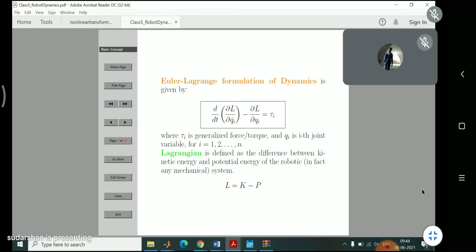Tau i is the generalized force or torque at the ith joint variable. When you apply this torque and your servo motor rotates, accordingly the position or the pose of the robot changes, right? So the overall pose of the robot is the vector of the qi, q1, q2, q3.